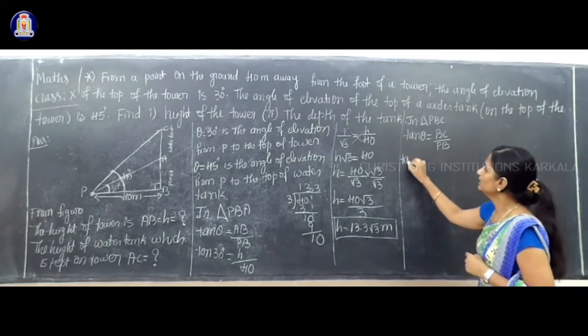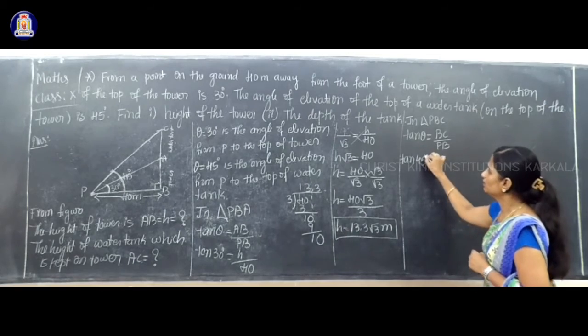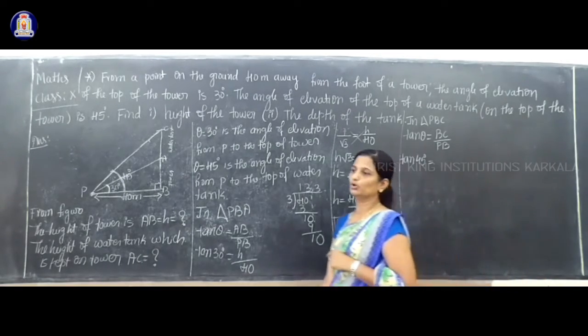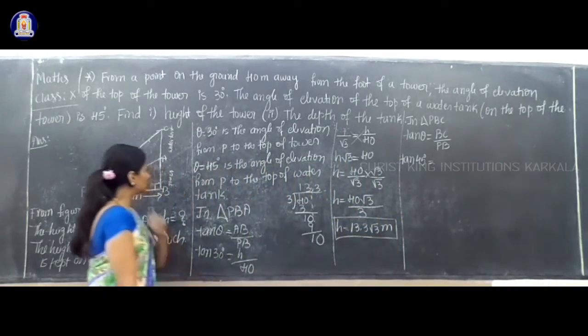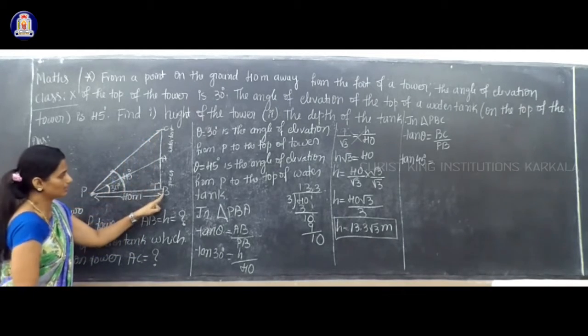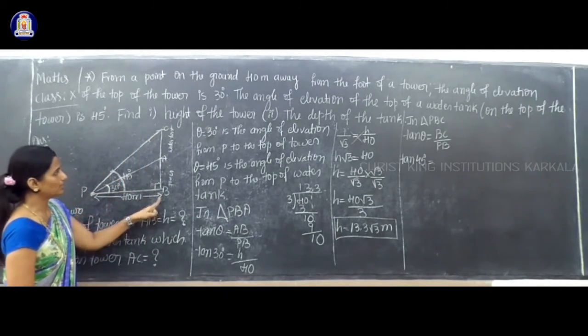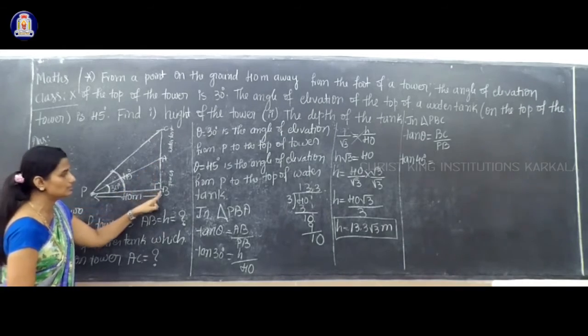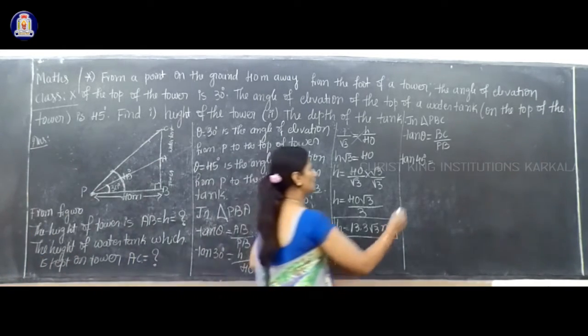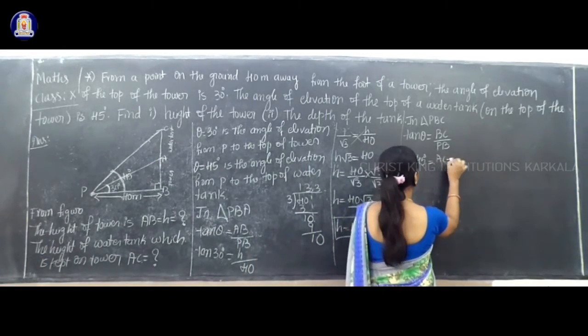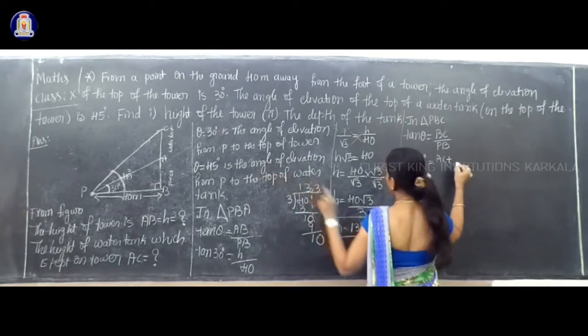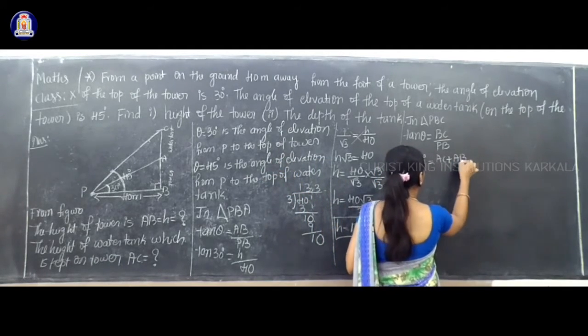Yes, now tan theta, at 45 degree, is equal to, what is your BC? BC can be written as AC plus AB. Correct?